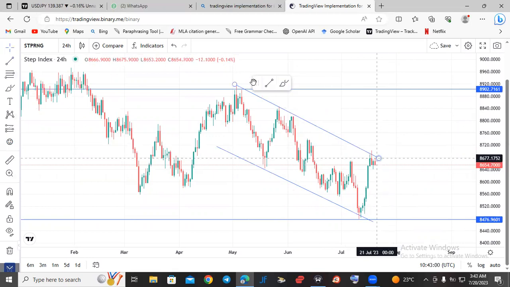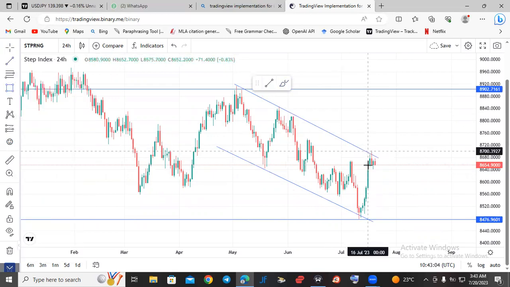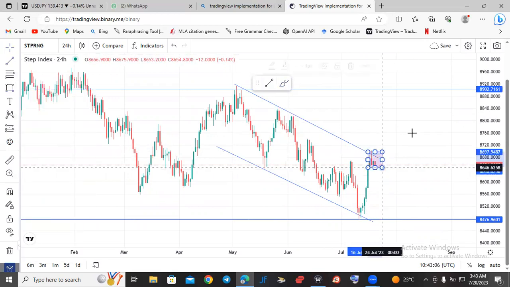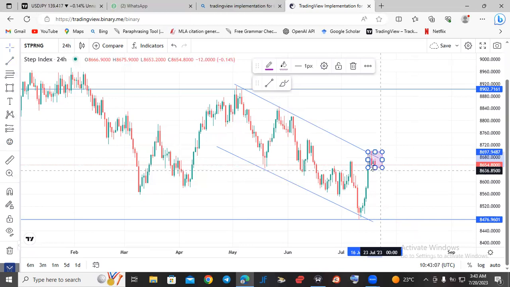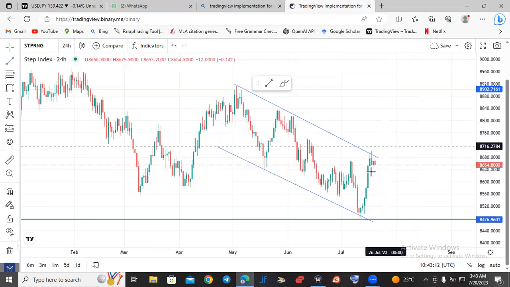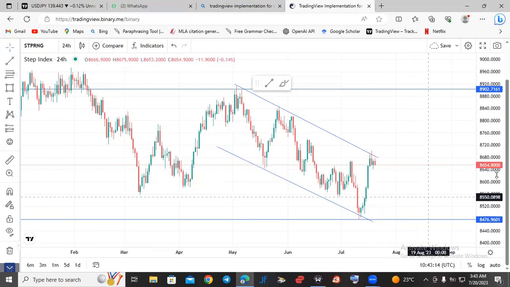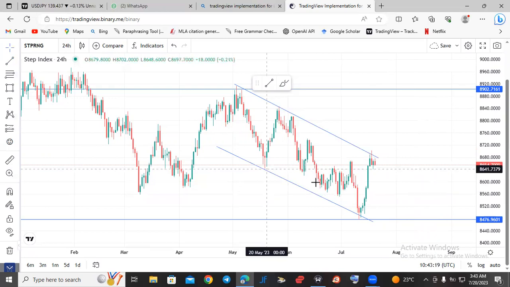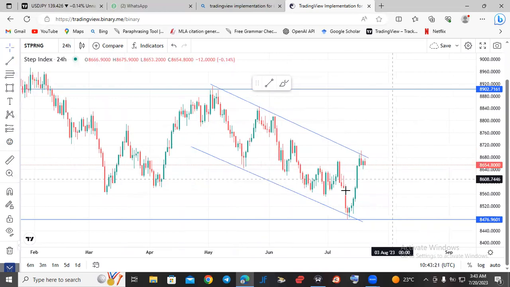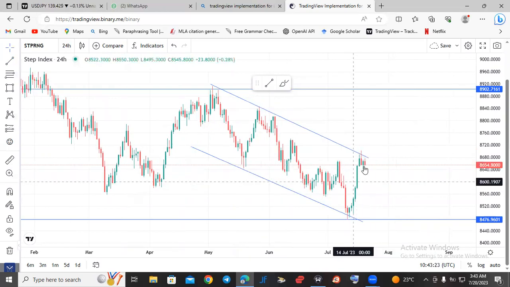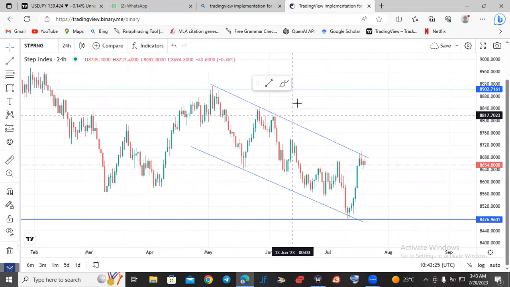Before you check the current market, it's better you check the previous move to confirm how the market was moving. Was the market in an impulsive phase or a corrective phase? You see, this was a very strong impulsive move.